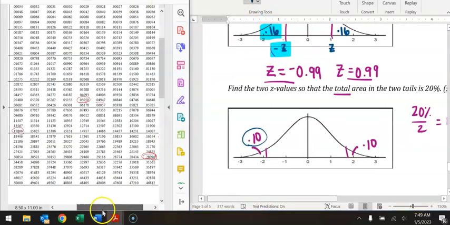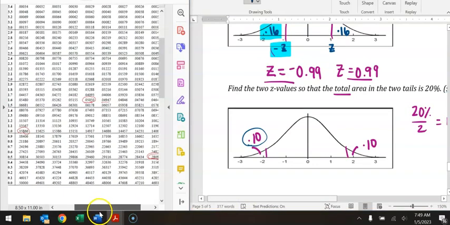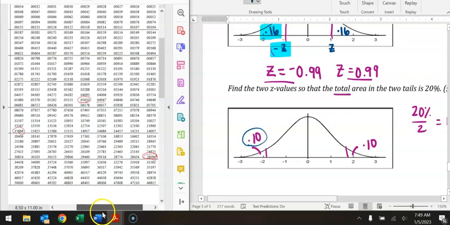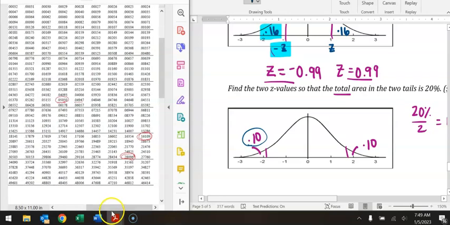So 0.10, let's take a look. This one is close. This one is close. I think this one is going to be closest. It's very, very small difference away. But I'm going to do that subtraction just in case.